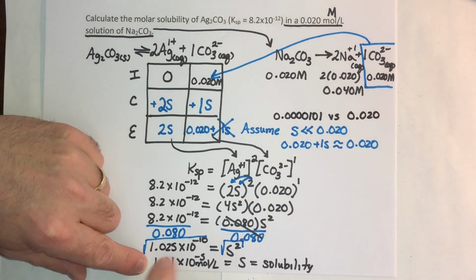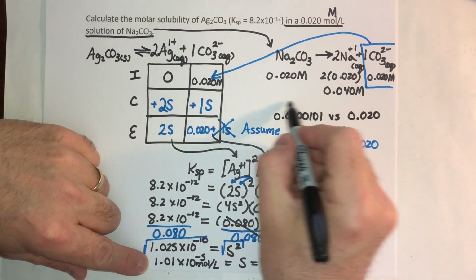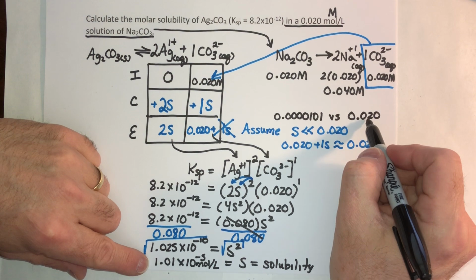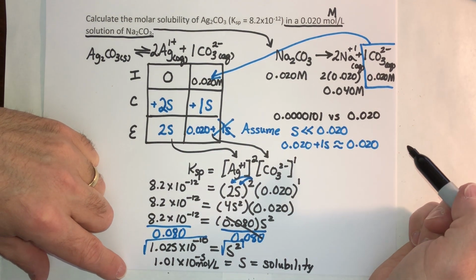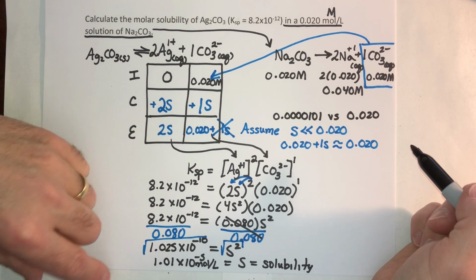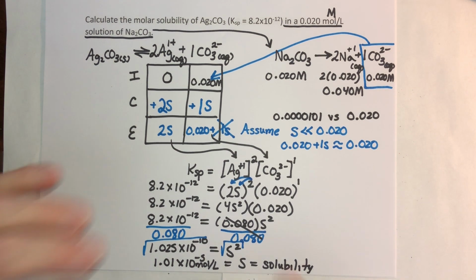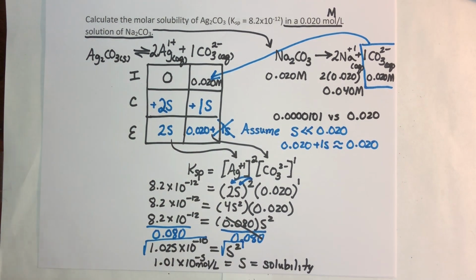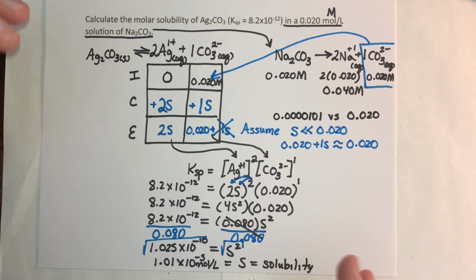If I write the value of S here, I can see that yes, this value of S is much, much smaller than the 0.02, but it is much closer than it was in the last problem. So in the last problem, I probably would have had a very, very small difference between the right answer and my approximate answer. In this example, the difference is going to be a little bit more noticeable.